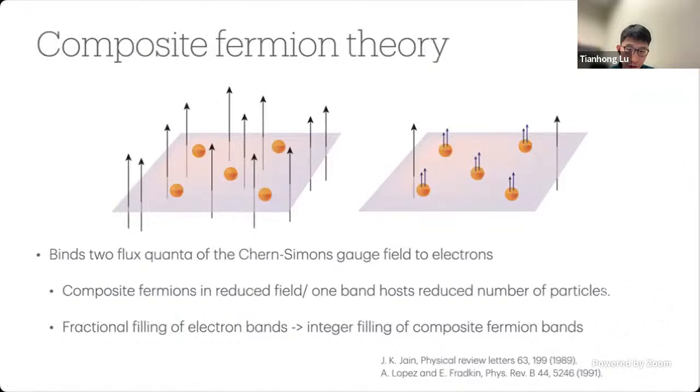In a reduced field, one band now hosts a reduced number of particles. This is great because by doing so, we can turn fractional filling of electron bands into integer filling of composite fermion bands, and then use the old language for the integer quantum Hall effect.